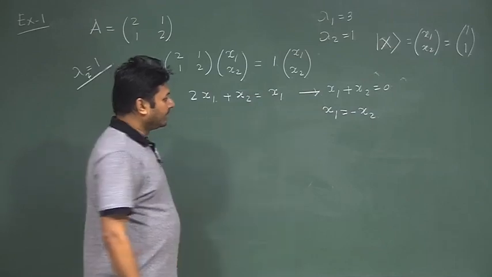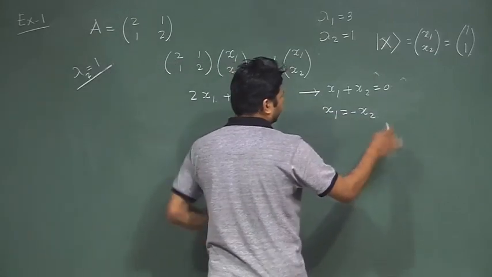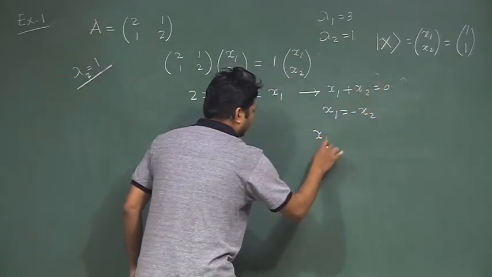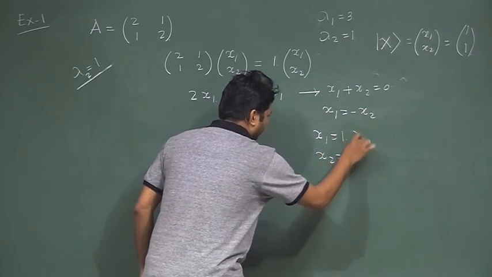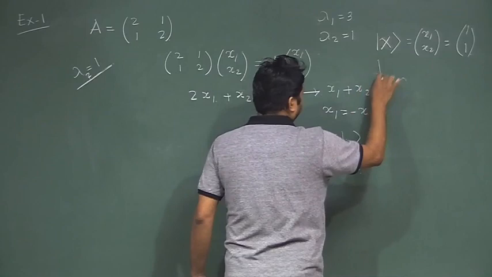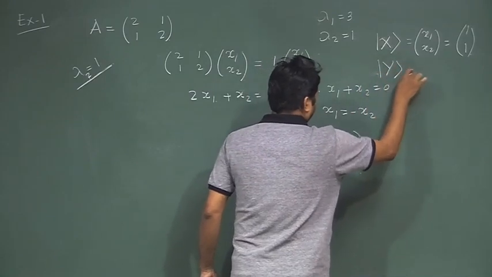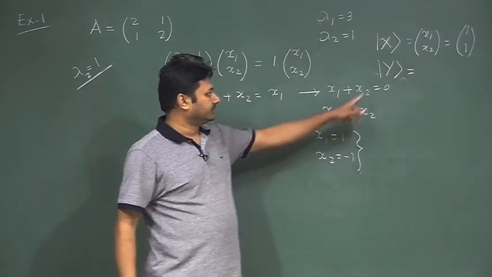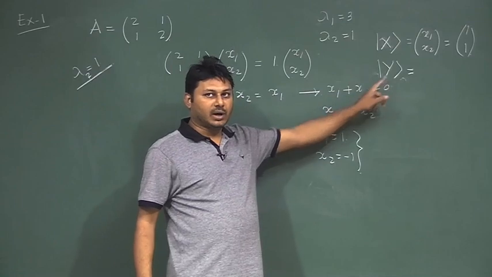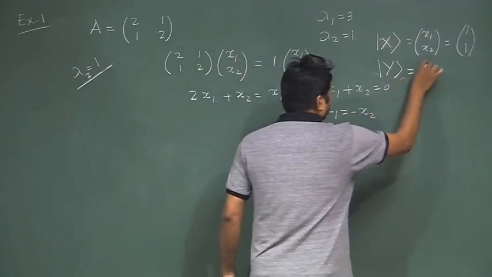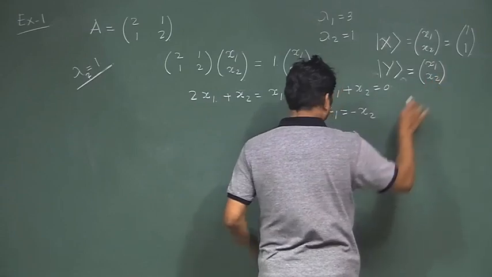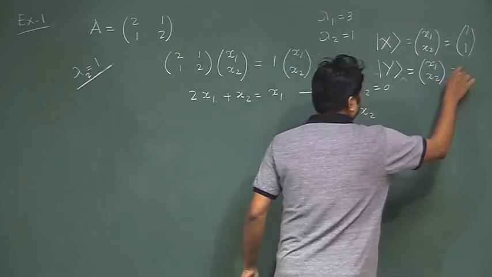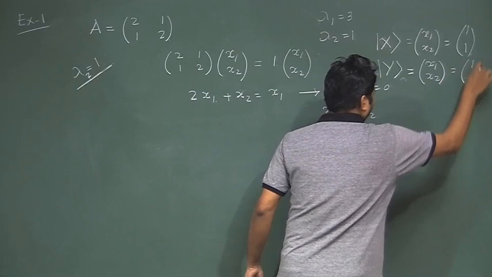That means if I put x1 equal to 1, my x2 will be minus 1. So my second eigenvector, which I write as a big Y, is equal to x1 x2, which is now 1 and minus 1.